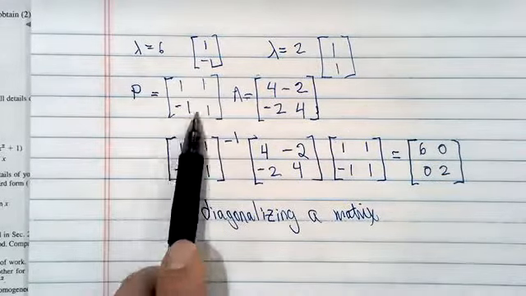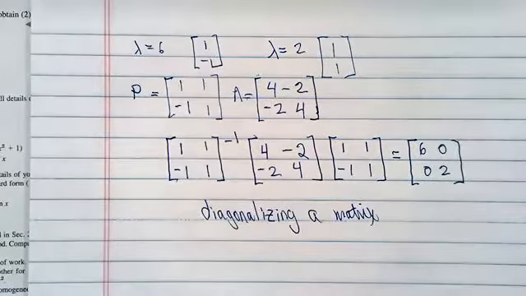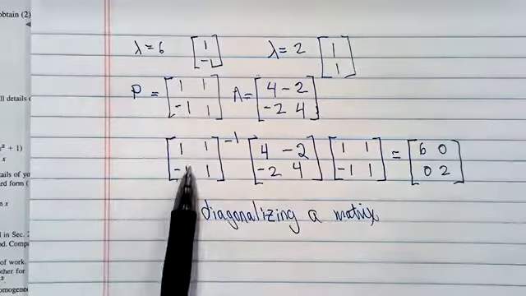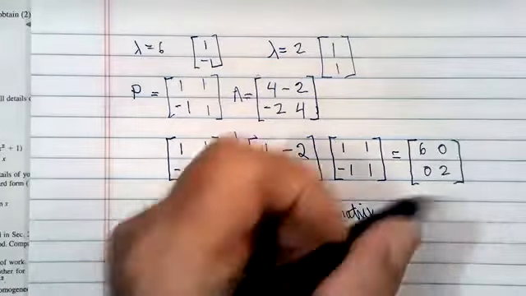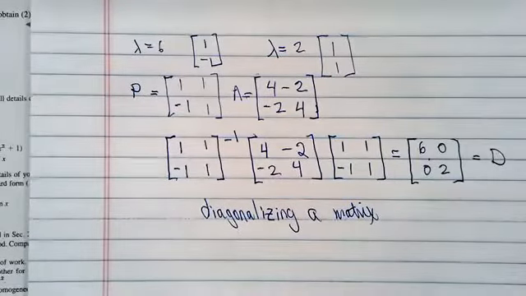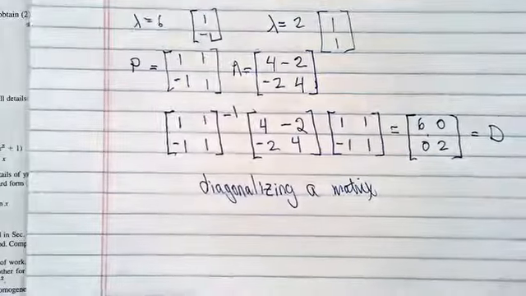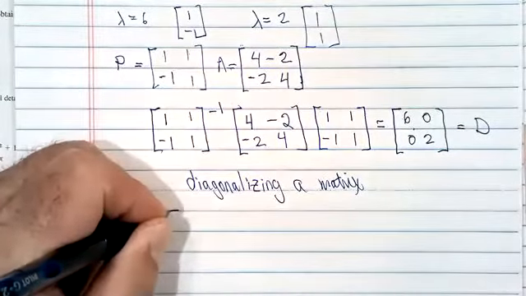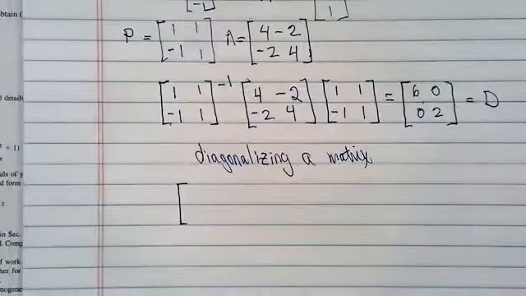In this case, it's a 2 by 2, and we got 2 of those guys. Then you create your P matrix like this, and P inverse AP is guaranteed to be the diagonal matrix D that has the eigenvalues down the diagonal.